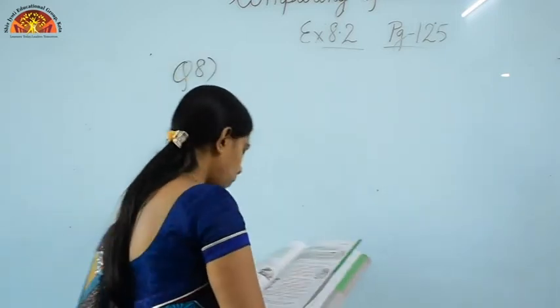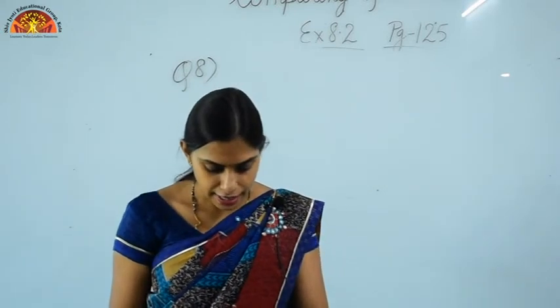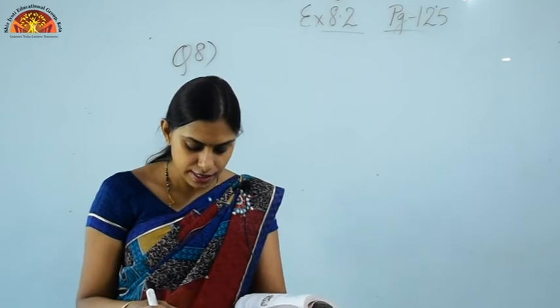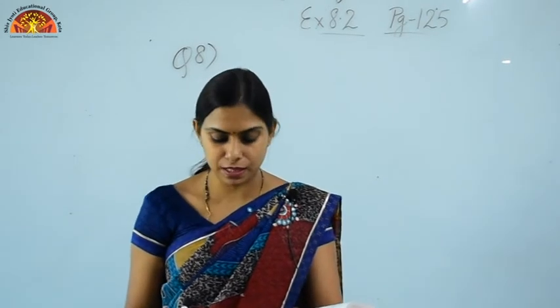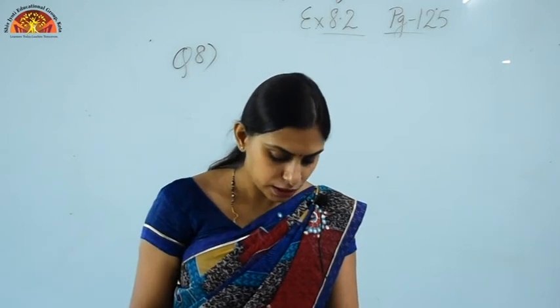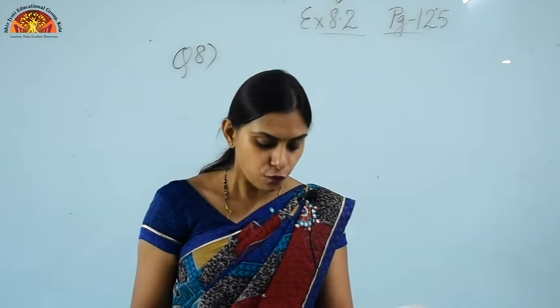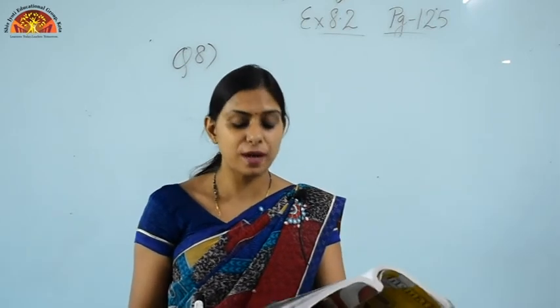So just go through it. Arun bought a pair of skates at a sale where the discount given was 20%. If the amount he pays is rupees 1600, find the marked price. You have to just find out the marked price.